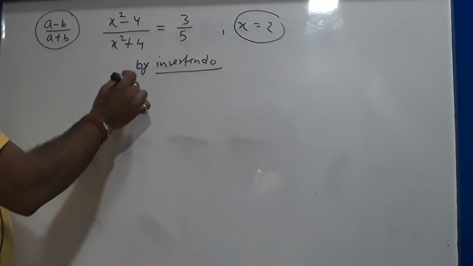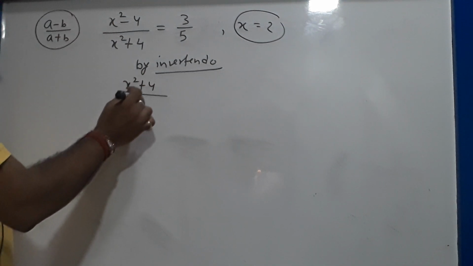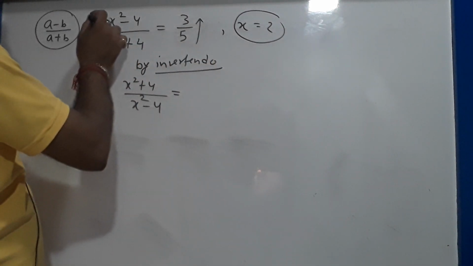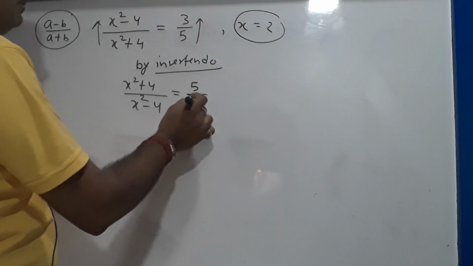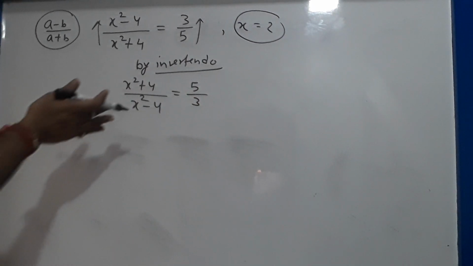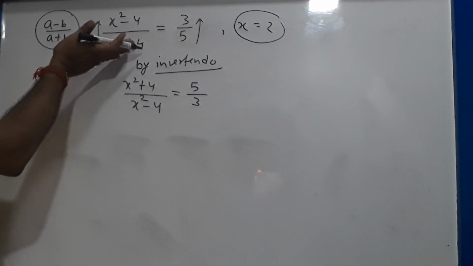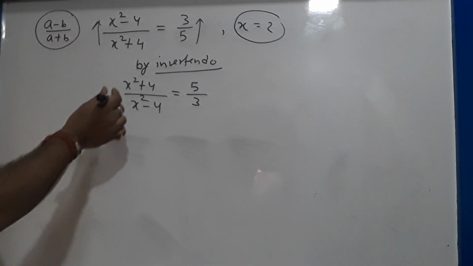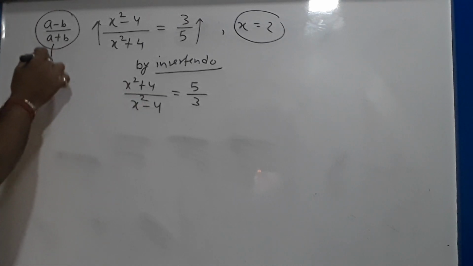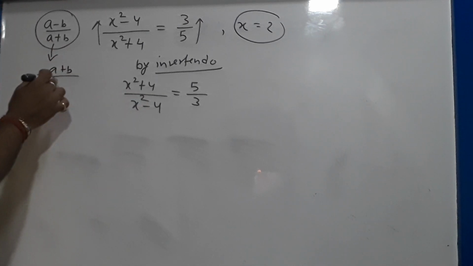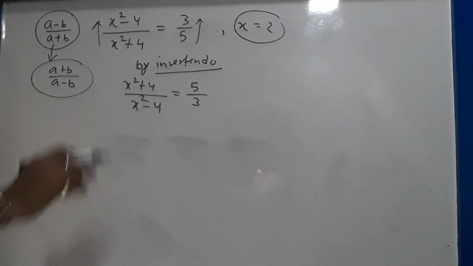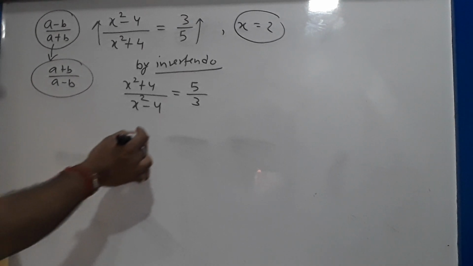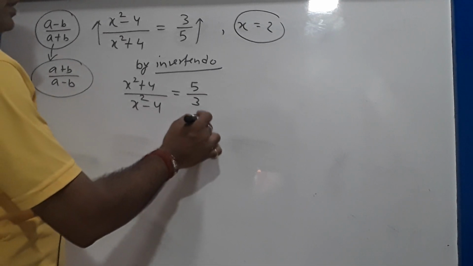So that will be (x square plus 4) upon (x square minus 4) is equal to 5 upon 3, applying invertendo on both the sides. Now this is a plus b upon a minus b. Whenever you come across a plus b upon a minus b, apply componendo, dividendo on both sides.